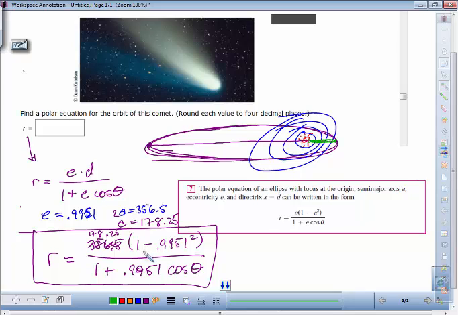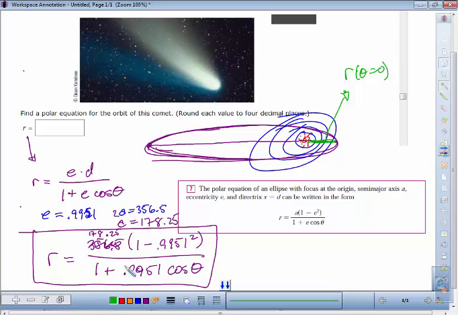We can definitely graph it to see where it crosses the x-axis, and when theta is equal to 0, it's probably going to give you that value. So to figure out what this is, we can figure out what r is equal to when theta is equal to 0 in your formula. You guys want to try to do that? No.